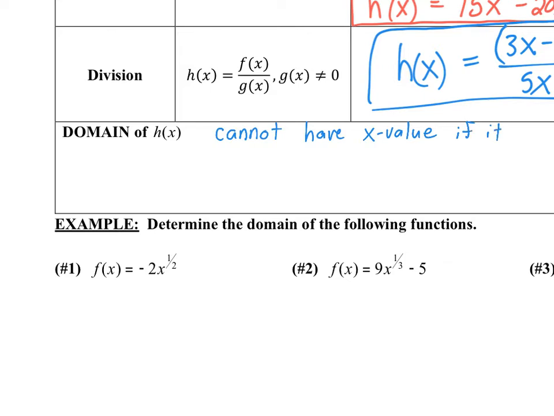So I'm going to write it like this. Make a little list here. So assume that x can be anything, except you cannot have an x value if it does the following things. If it, for 1, makes the denominator equal 0.